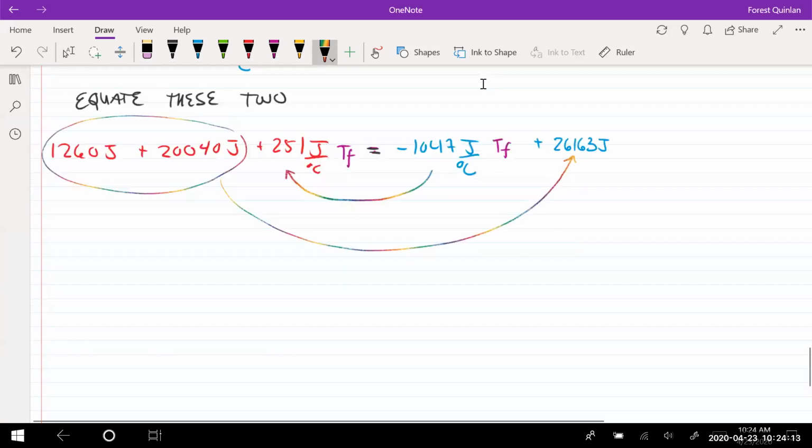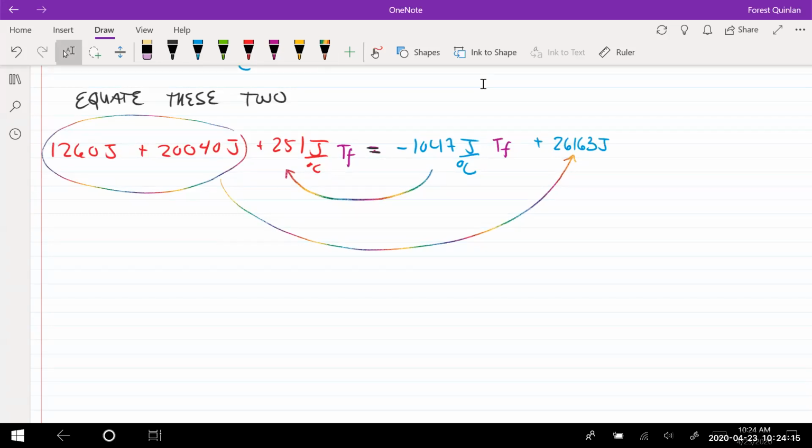Dallas, can you add my 251 and my 1047 for me? That's going to be 1298 joules per degree Celsius times our final temperature, and that is going to equal, take your 26163 minus 4863. 4863 joules.